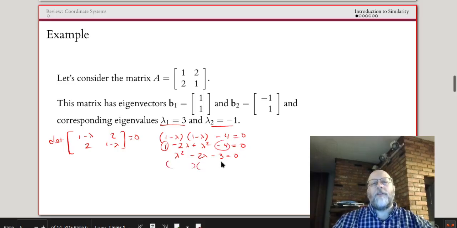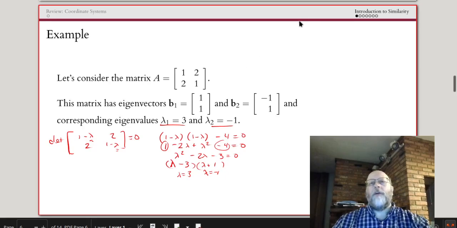This factors into lambda minus 3 and lambda plus 1. And so we get lambda is equal to 3 and lambda is equal to negative 1. That's how we get the eigenvalues. To get the eigenvectors, we're going to plug in 3 and negative 1 for lambda here and row reduce the two homogeneous systems.